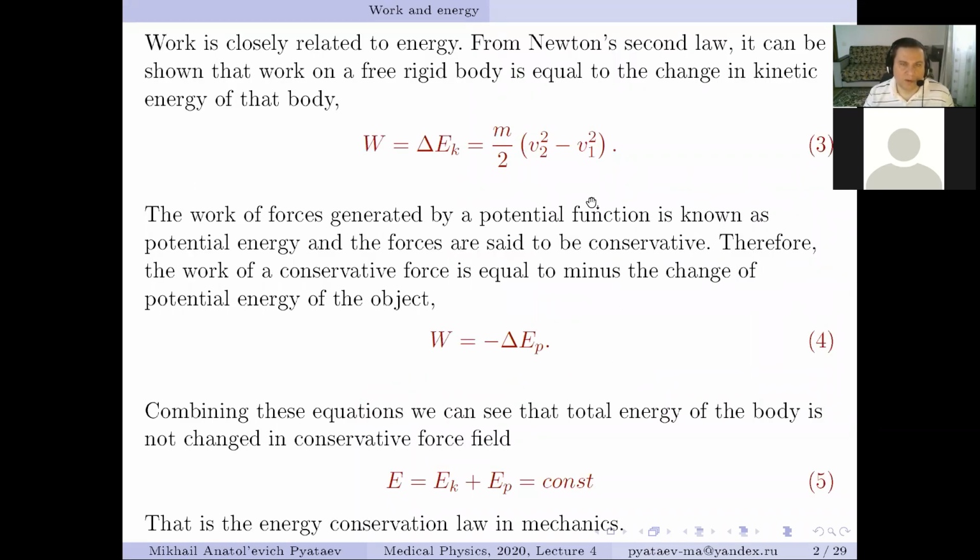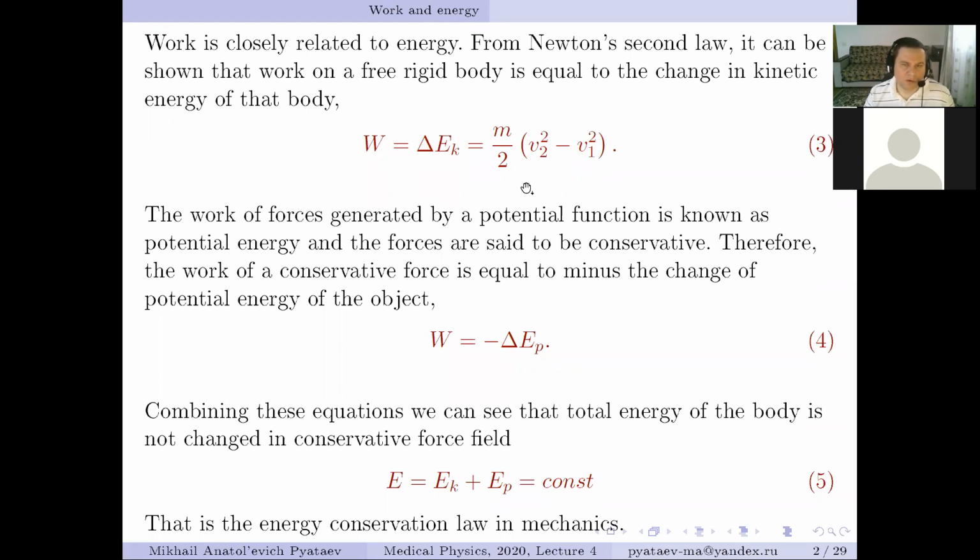Let us see why. Because if we consider a point particle moving in space, then the work done by all the forces on this particle is equal to the change in kinetic energy of the particle. So from Newton's second law, we can show that work equals m divided by 2 times the change in the square of velocity.